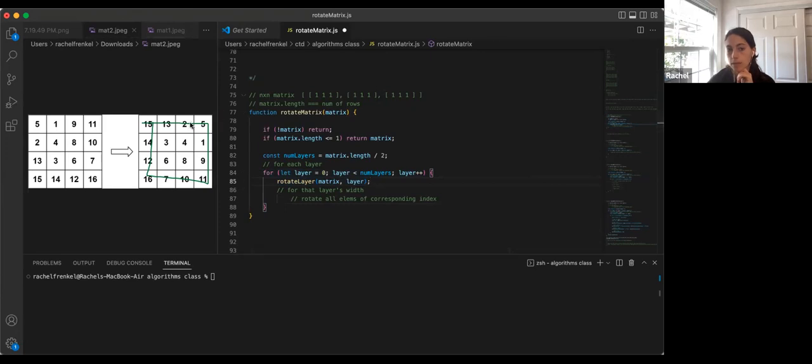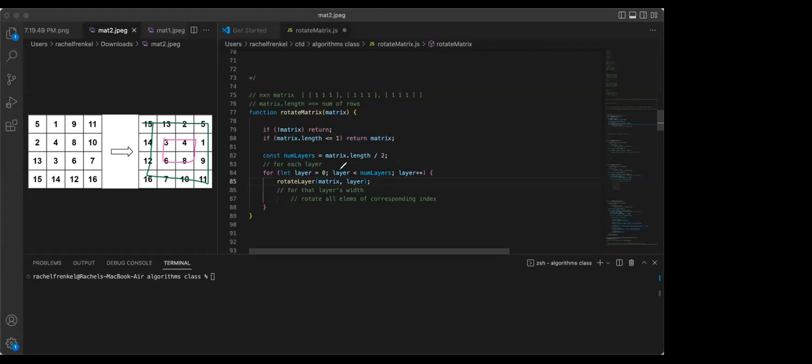This is layer 0, the green one, and this is layer 1. So for layer 0, rotate that layer. For layer 1, rotate that layer. Got it. Okay.